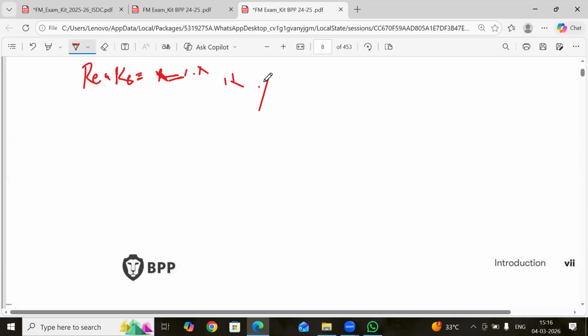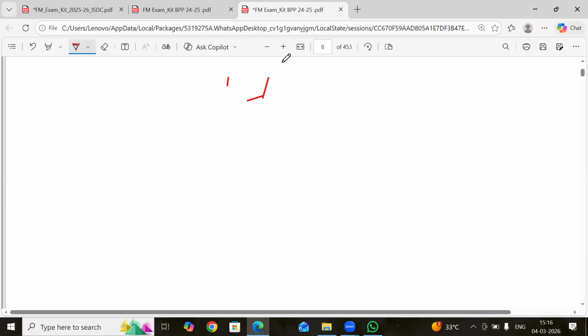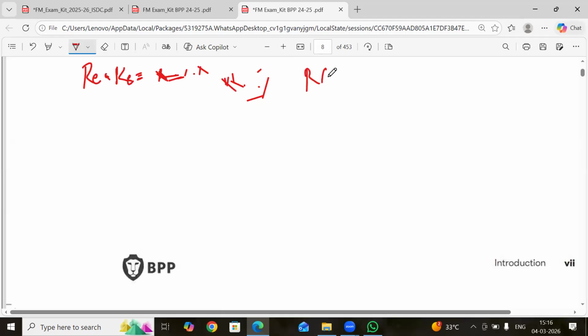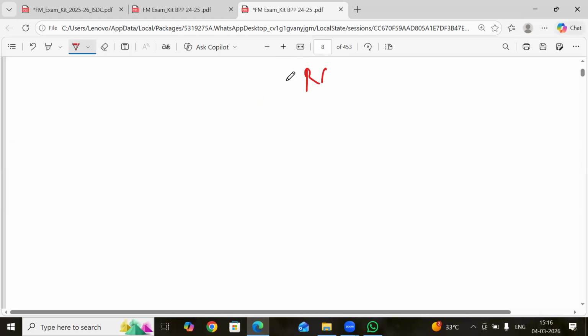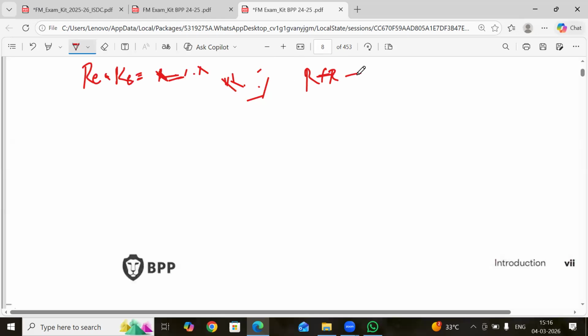What's the formula for CAPM? RFR plus beta into RM minus RFR. Everyone, yes? This is the formula for CAPM.